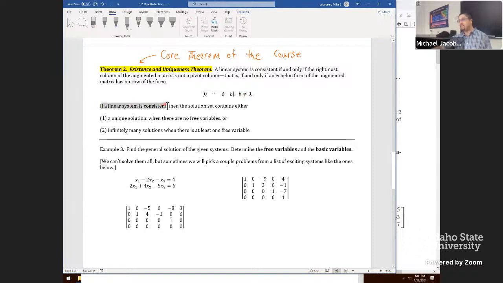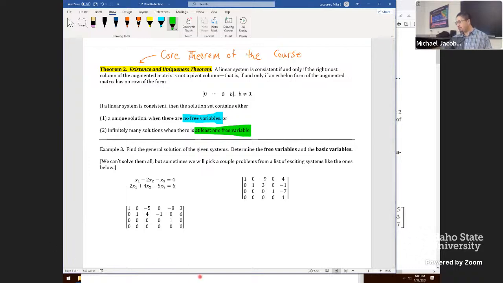If the linear system is consistent, then the solution set contains either a unique solution, which is when there are no free variables, a concept we're about to introduce, or infinitely many solutions when there is at least one free variable. So if you have at least one free variable, you will have infinitely many solutions. So that's our full theorem altogether. Any questions about it so far?